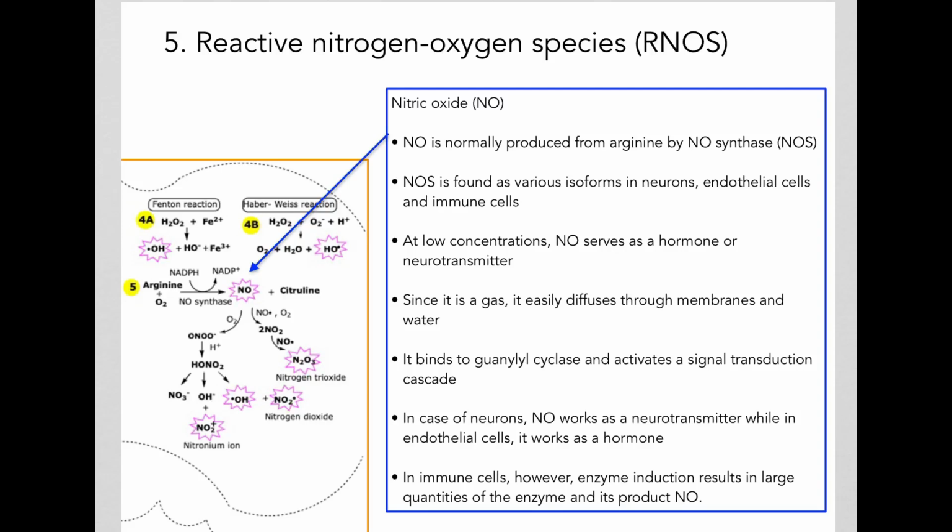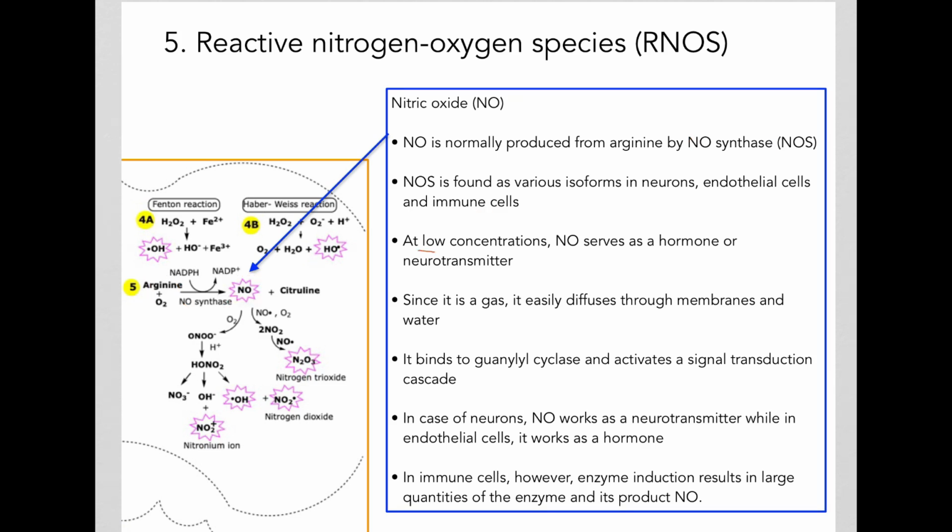Now, another type of radical that may be formed is what we call reactive nitrogen-oxygen species, or RNOS. Many of our cells, such as neurons, endothelial cells, and immune cells, have an enzyme called nitric oxide synthase, or NOS. This enzyme can catalyze the formation of nitric oxide from arginine and oxygen.